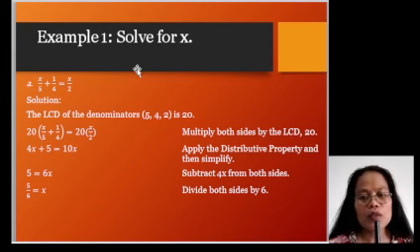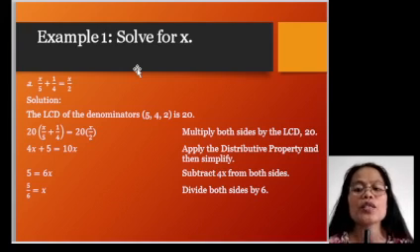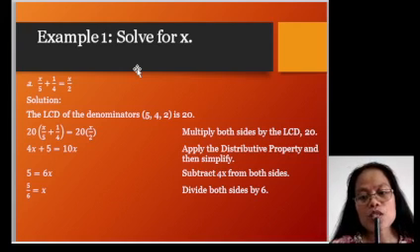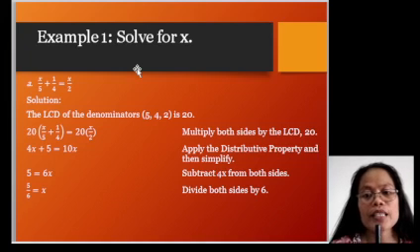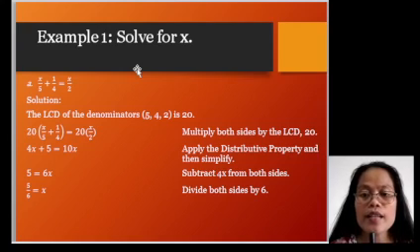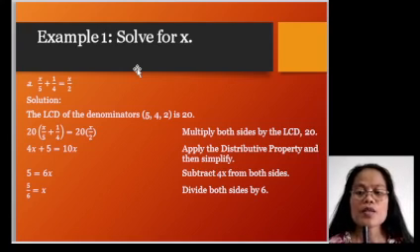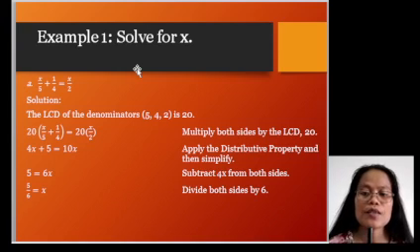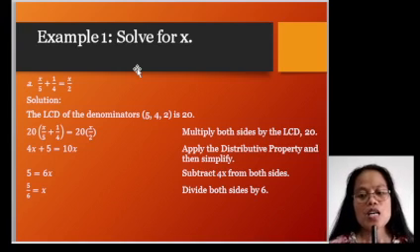here in example number 1, we have x over 5 plus 1/4 equals x over 2. Our aim here is to find what number we are going to substitute for the letter x in the given equation. So there are 3 rational expressions here, at the left and the right side of the equation.